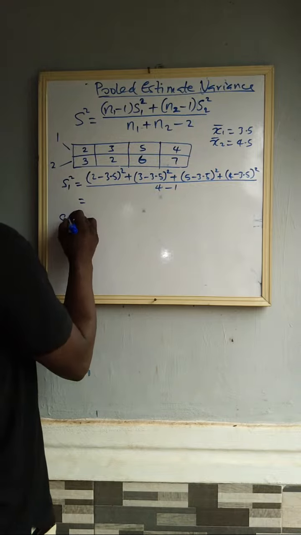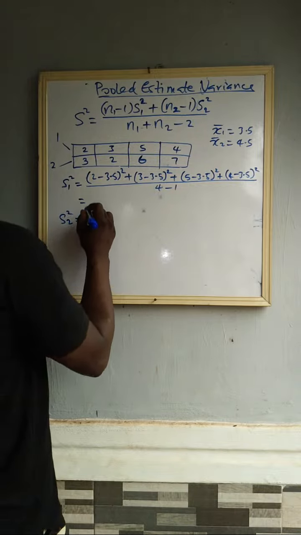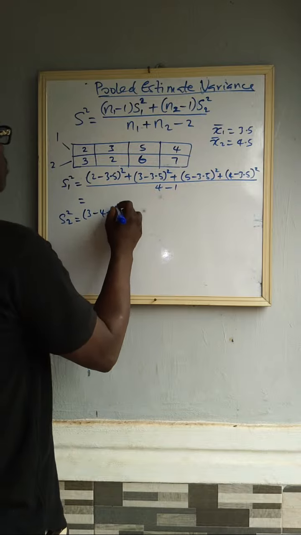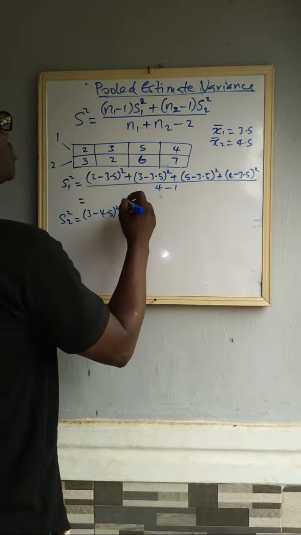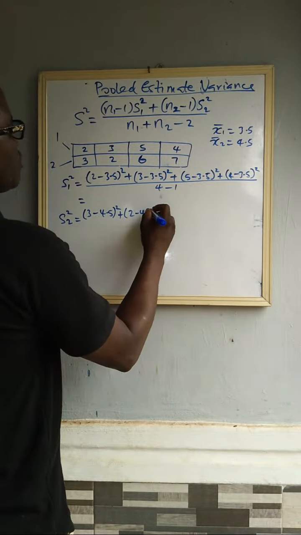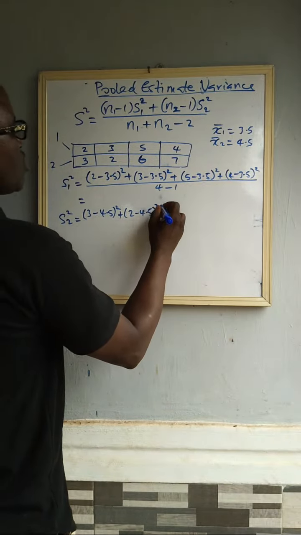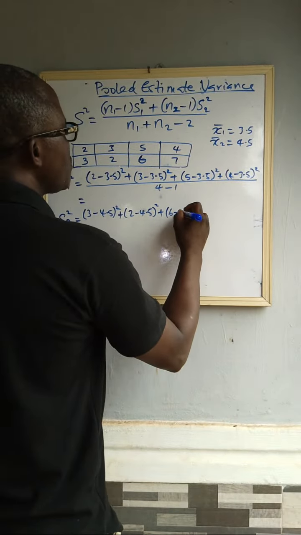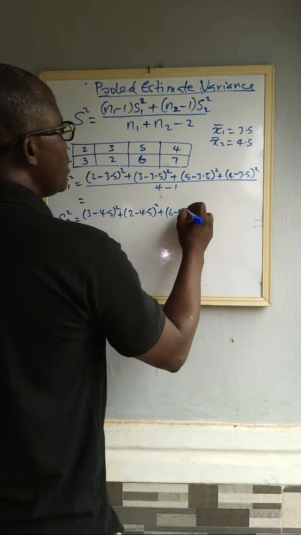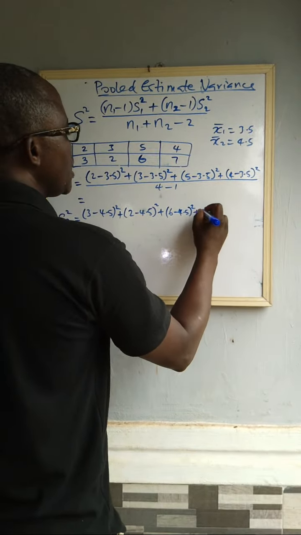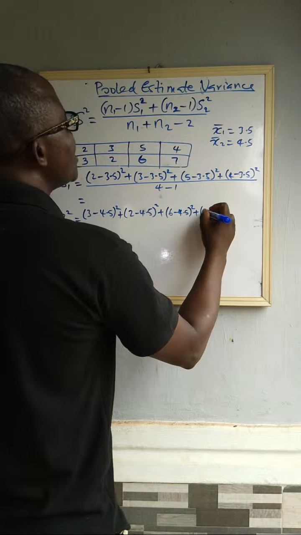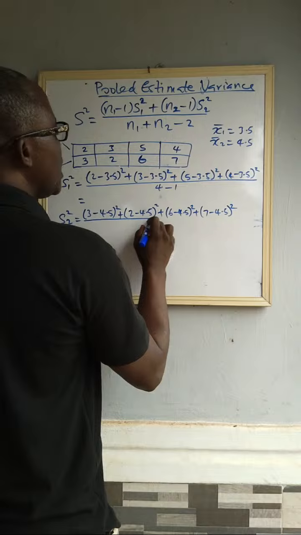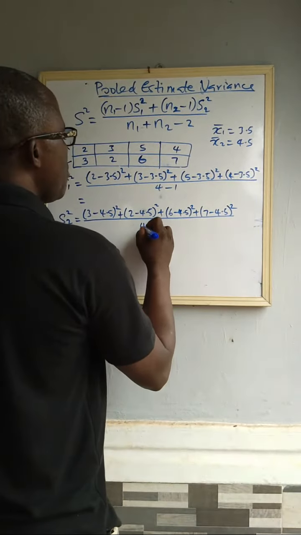And then s2 squared is (3 minus 4.5) squared plus (2 minus 4.5) squared plus (6 minus 4.5) squared plus (7 minus 4.5) all squared, divided by 4 minus 1.